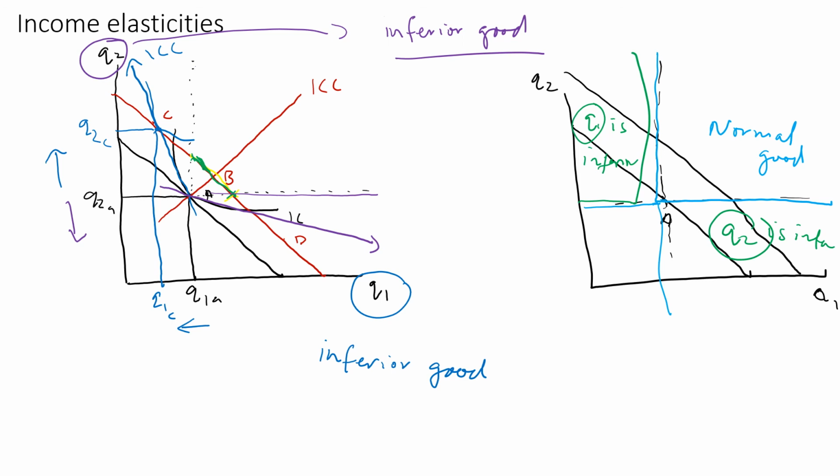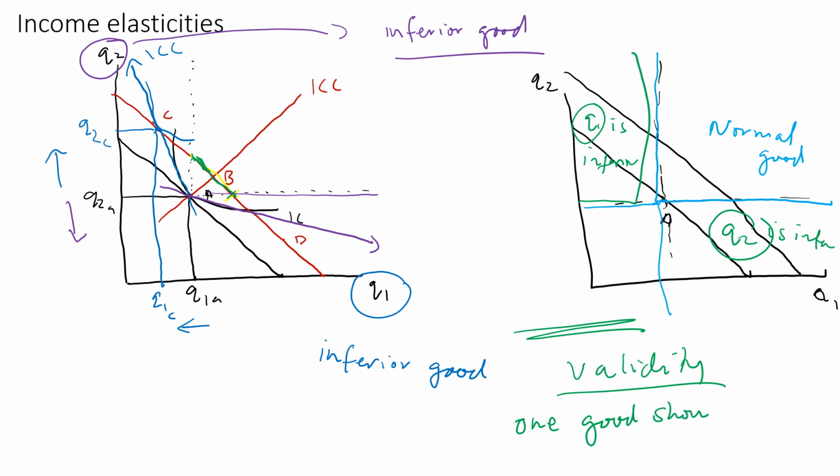For this graphical analysis to be valid, at least one good should be normal. So that is important, and you should remember it.